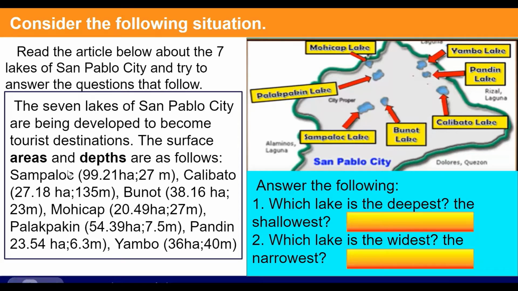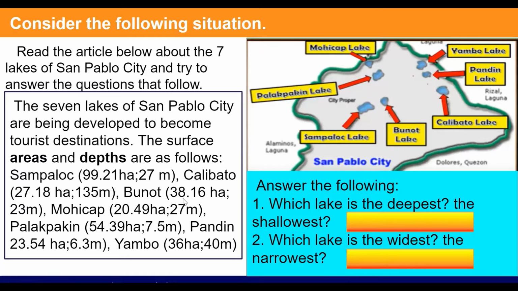The surface areas and depths are as follows. Sampaloc, 99.21 hectares is the area and the depth is 27 meters. Next, Calibato, the area is 27.18 hectares and the depth is 135 meters.